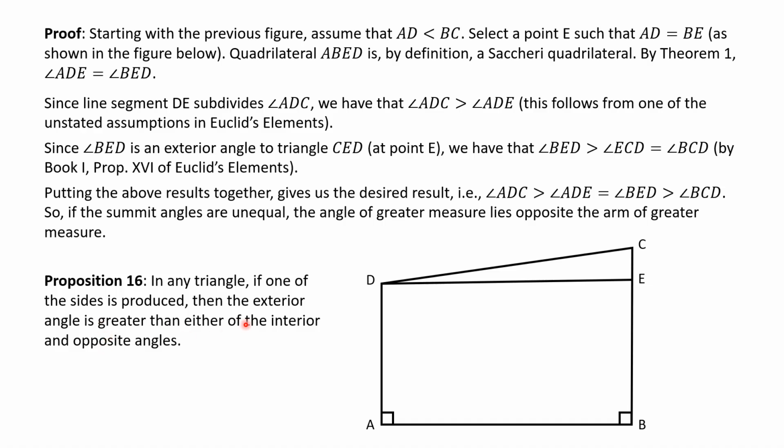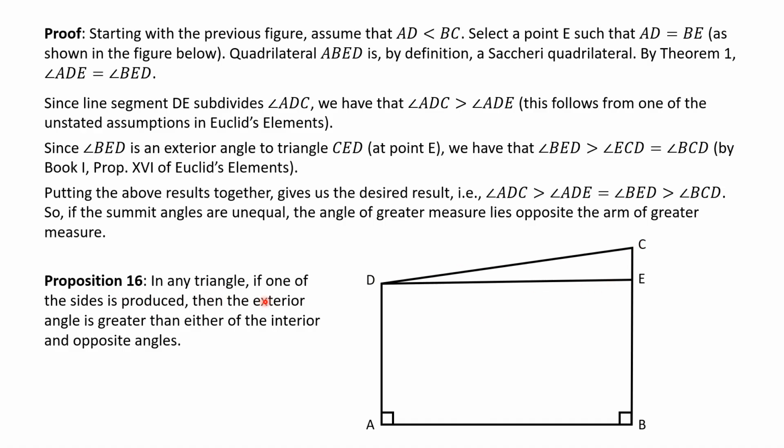This is where we use Proposition 16 from Euclid's Elements, and it's a little bit complicated. It says if in any triangle one of the sides is produced, then the exterior angle is greater than either of the interior and opposite angles. So let's see what that means in terms of the triangle ECD.